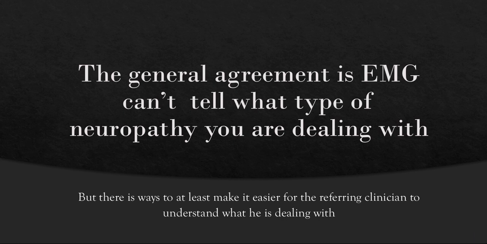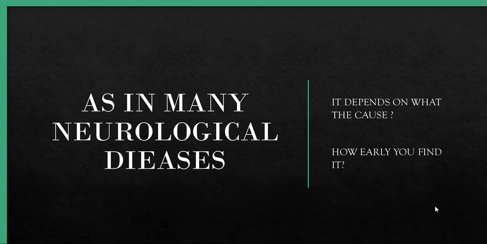I know the general agreement is that it cannot tell you specifically what the cause of polyneuropathy is, but textbooks still give us some clues from the EMG results to understand the polyneuropathy, and this is what I'm going to show you today. And again, the results depend on when you diagnose the disease and what the cause of the problem is.